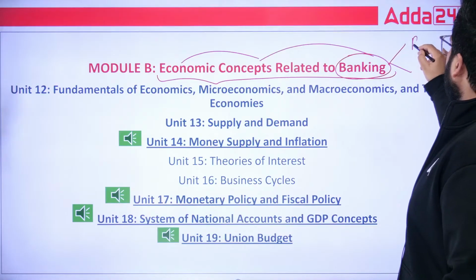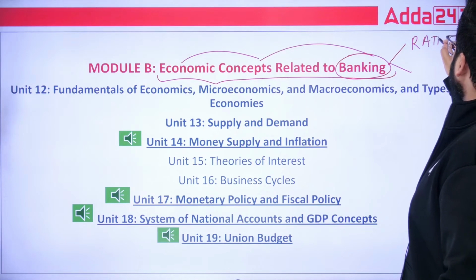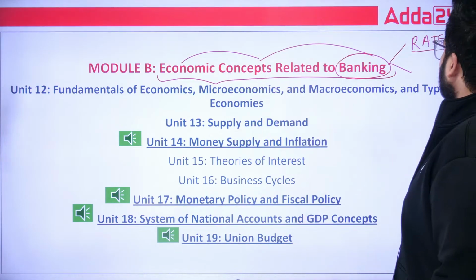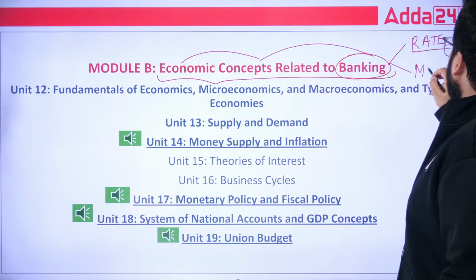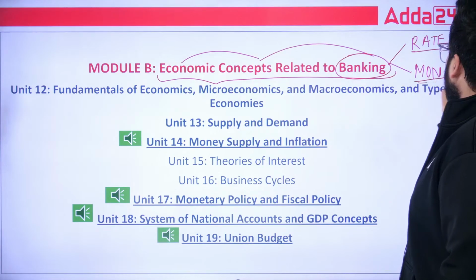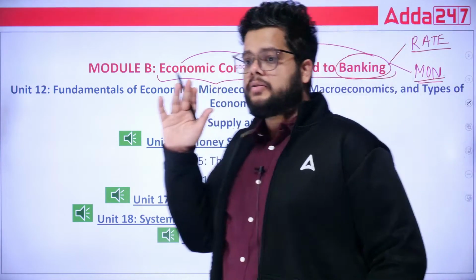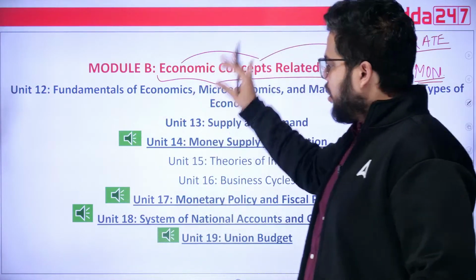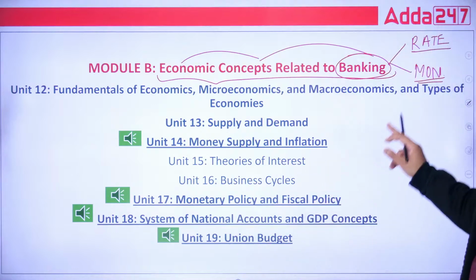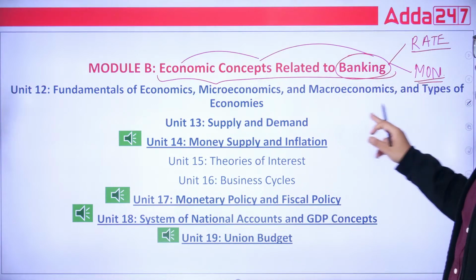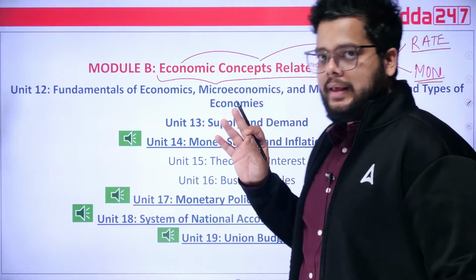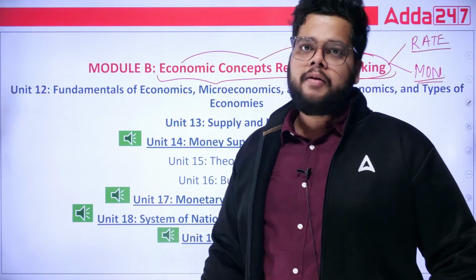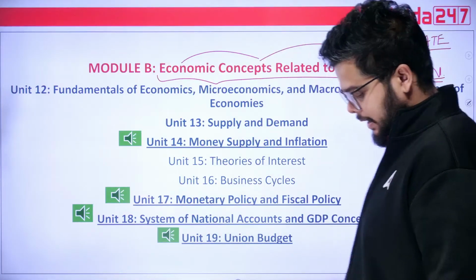One is the interest rate, that is how we see banking along with economics. Secondly, the monetary operations which are done by the RBI under the lens of these interest rates itself. So all the chapters won't be talking about the interrelation of economic concepts and banking, but most of the discussion around the entire Module B will revolve around this particular area only.